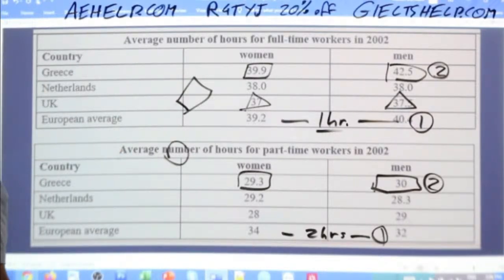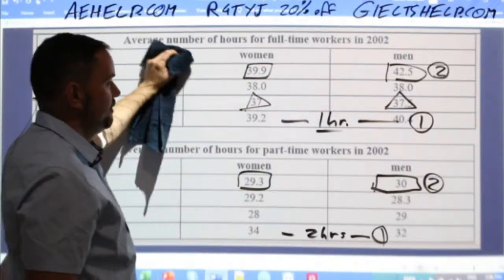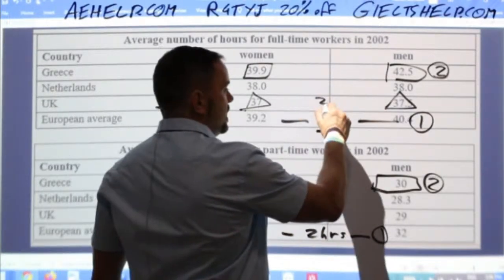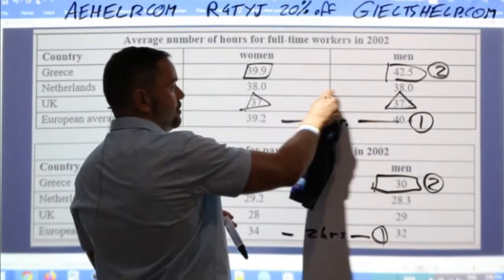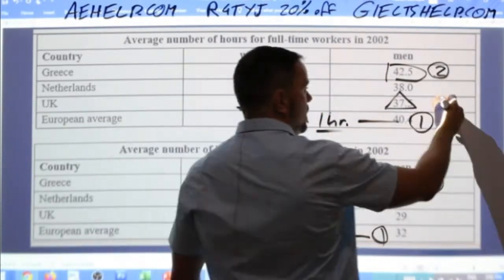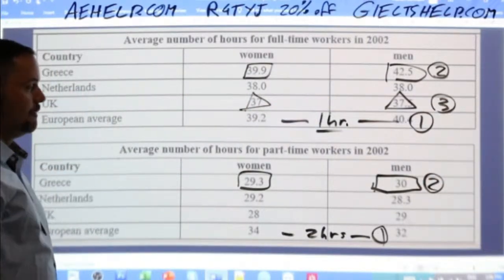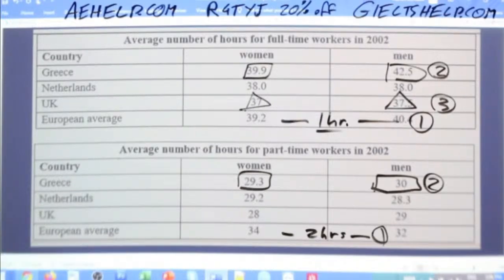And that allows you more time to think about your English and your sentences rather than trying to figure out the data over and over again. So the lowest is the UK for full time. So that would be my point number 3. And then, of course, I want to check, is that true also for part-time? But I can see that it's not.